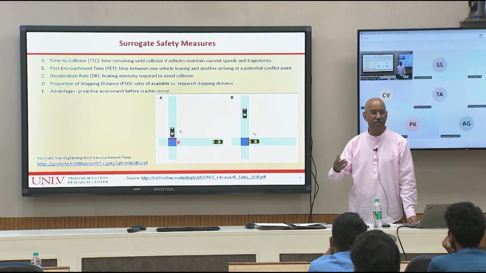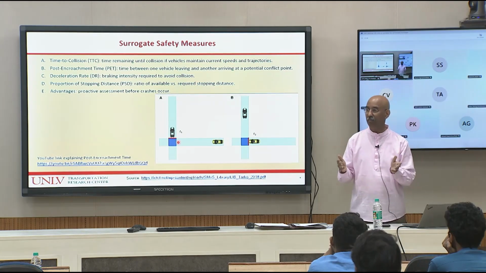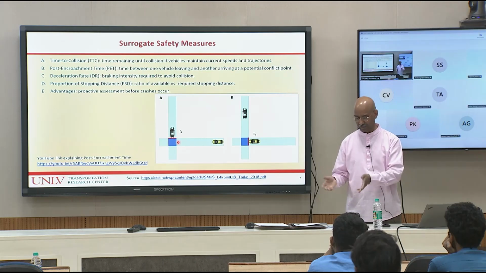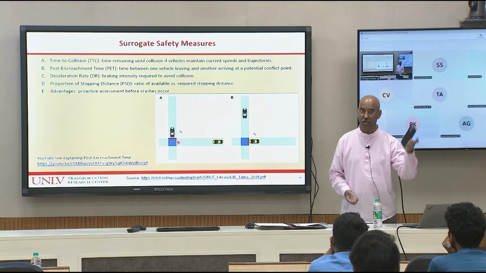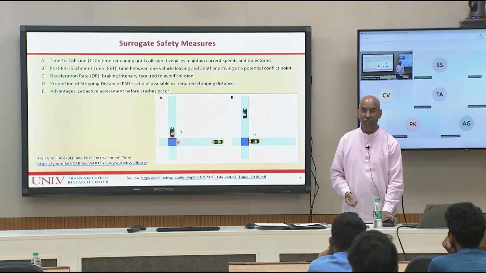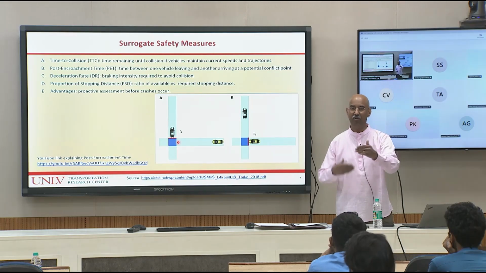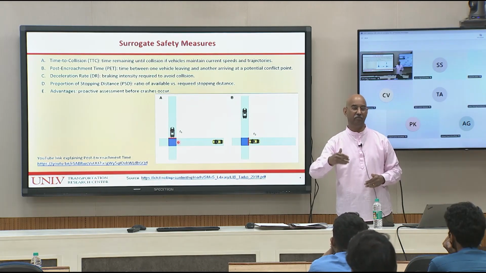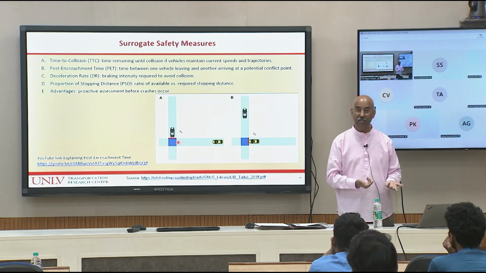For emergency braking, we may go to 0.45 or 0.5 g, acceleration due to gravity. So these are normal, but based upon the sensors we have talked about, whether in-vehicle sensor technologies or our mobile phones, can we discern if anybody is braking at more than 0.5 g? We will call it an extreme event. If they are braking at more than 0.7 g, one level higher. So we can get those data.